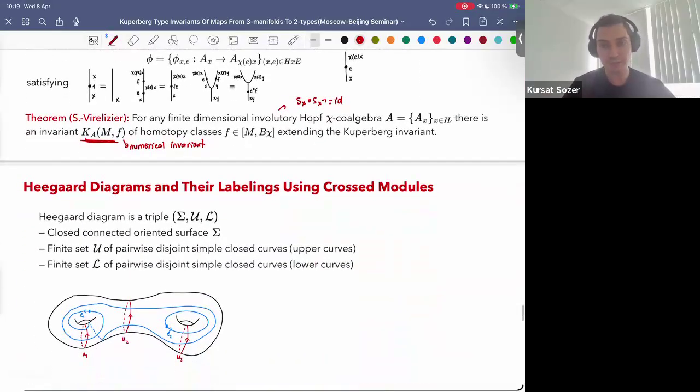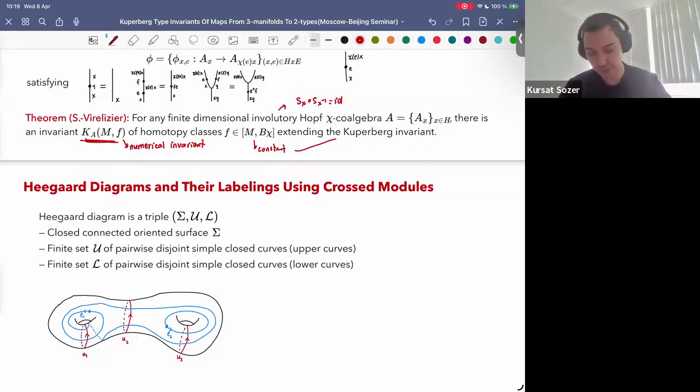From such a graded Hopf algebra with certain isomorphism symmetries, we get an invariant of this homotopy class of maps. And when the homotopy class is constant, it recovers the Kuperberg invariant of the underlying three-manifolds.